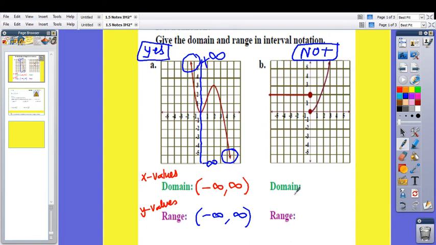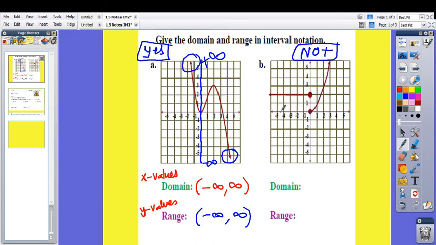Now let's talk about the domain and range. For this one, the domain we will be writing in two parts. One will be going from here to here and then going from here to here, because you want to show that the function is broken at x equals 0.